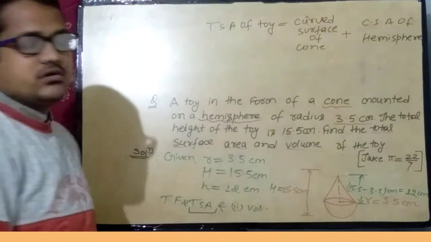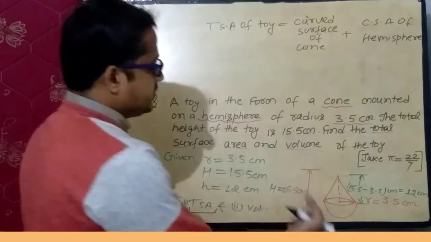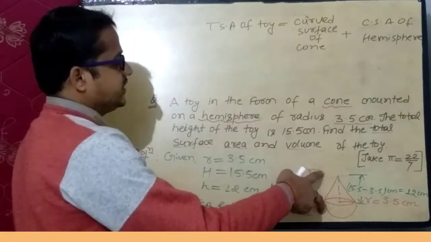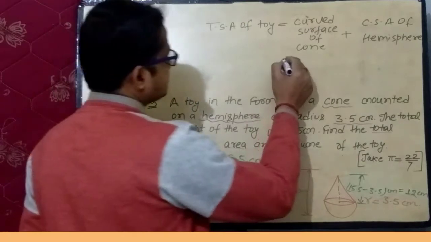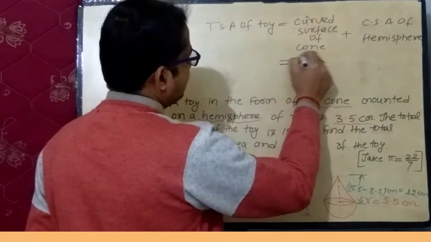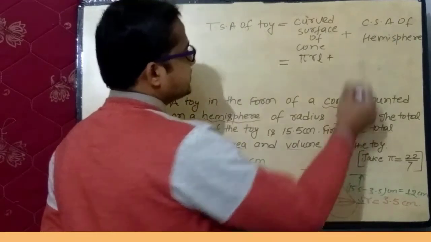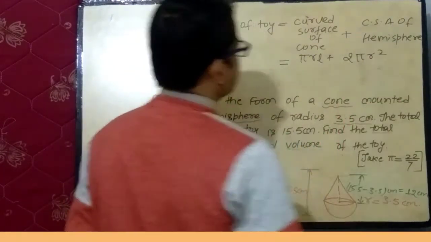If you are going to add curved surface area of this cone and curved surface area of this hemisphere, then you will get total surface area of this toy. So curved surface area of cone equals to what? Pi r L. Add up curved surface area of this hemisphere is 2 pi r square.